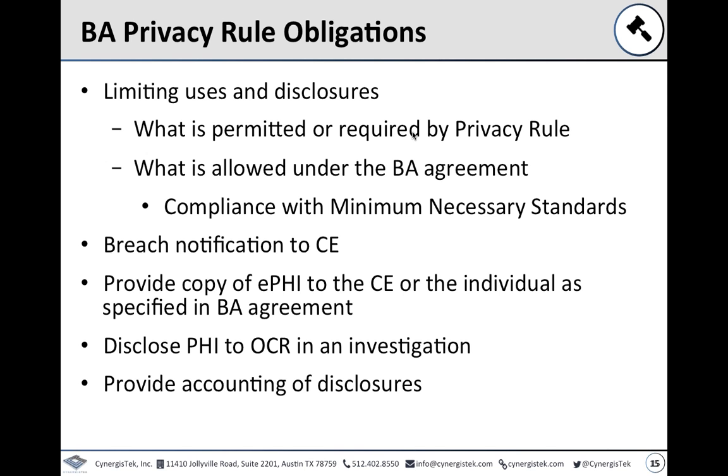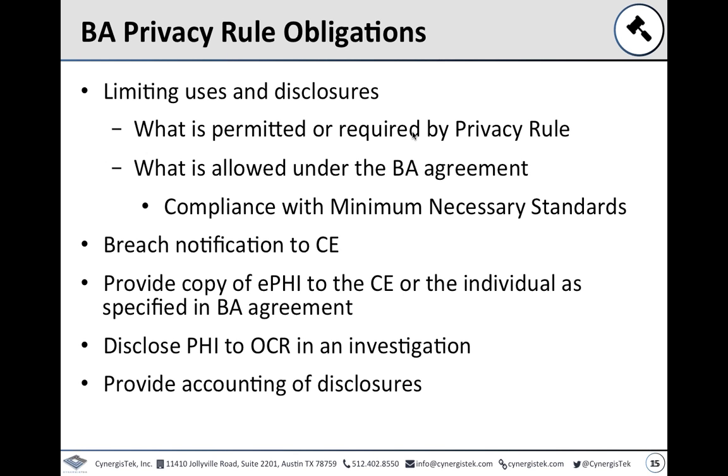So some of the privacy rule obligations for business associates is that business associates can only use and disclose PHI as permitted under the rule. And this is one of the expansions that was accomplished through the Omnibus Rule, expanding the jurisdiction of responsibility by business associates.